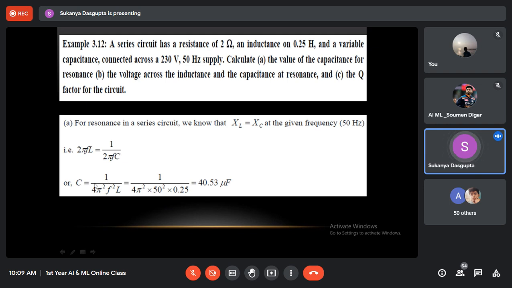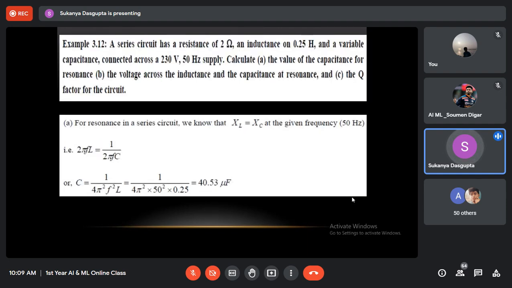So from this, we'll be able to calculate capacitance C, which is just 1 by 4 pi square f square L. So this is the expression of capacitance during the series resonance. Okay. So all the values are known. We can calculate C. The value is 40.53 microfarad.